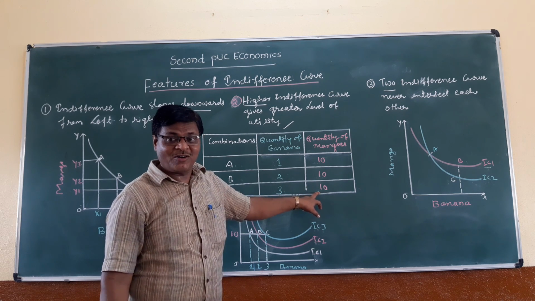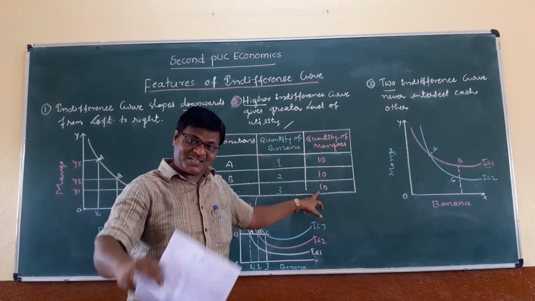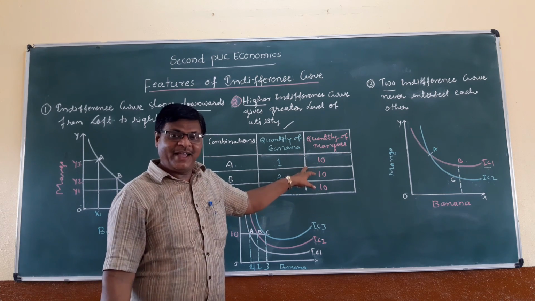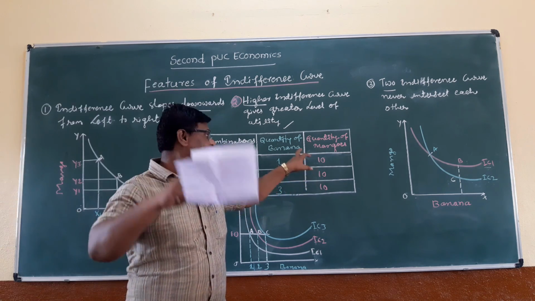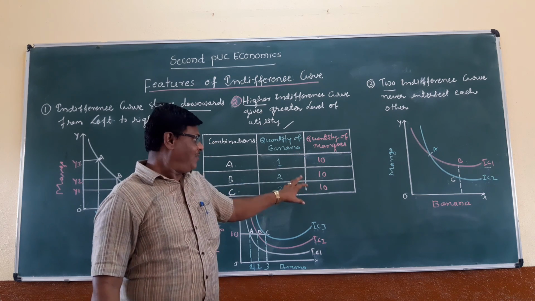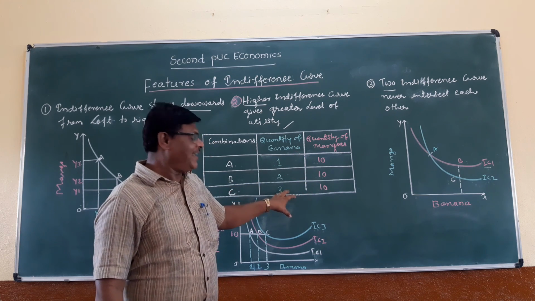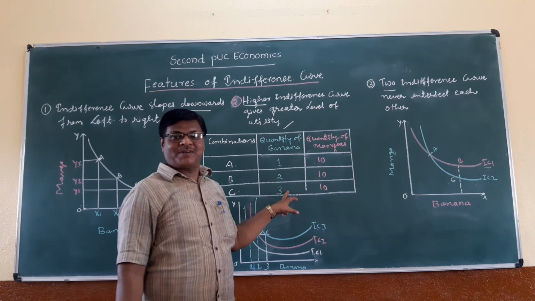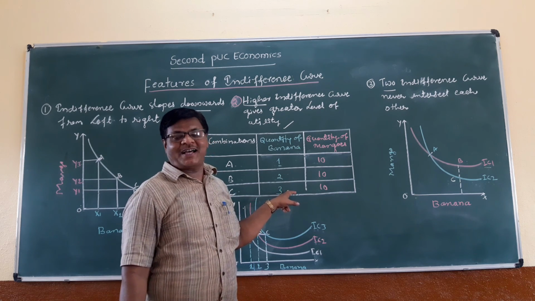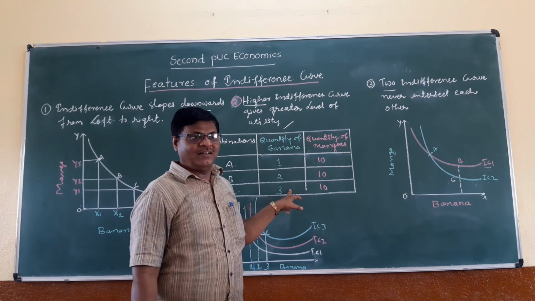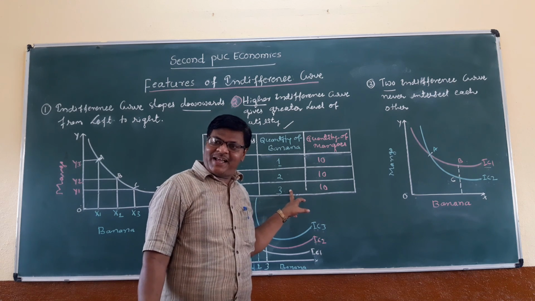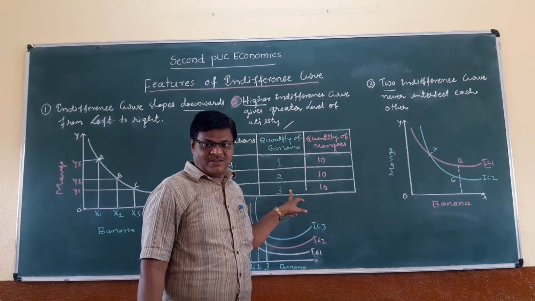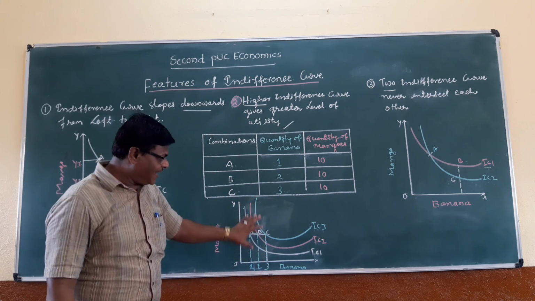It gives more satisfaction than B, and B is greater than A. So combination C gives a higher level of satisfaction. We can understand this by indifference curves with the help of a diagram.